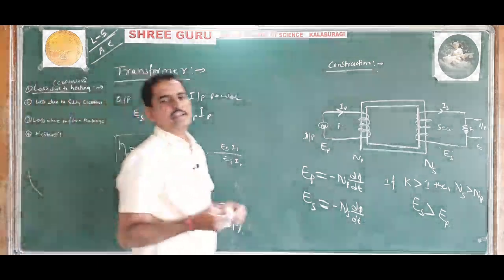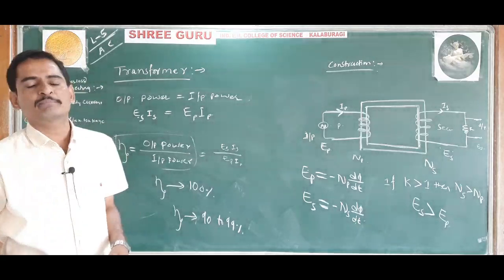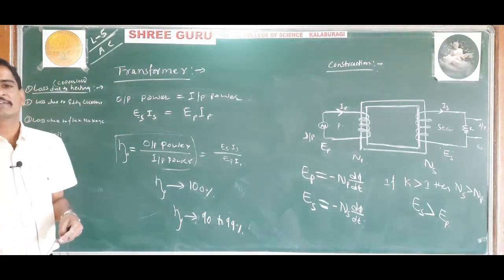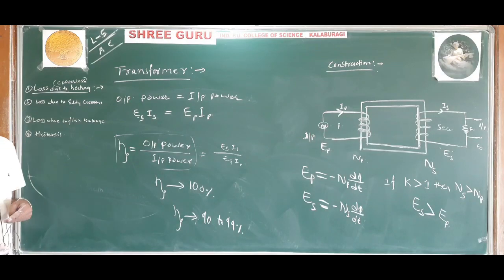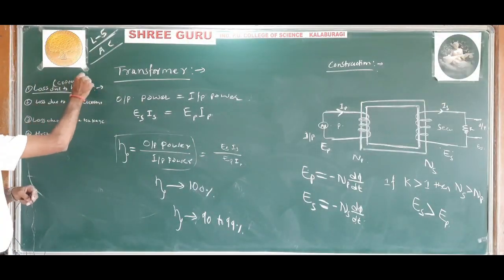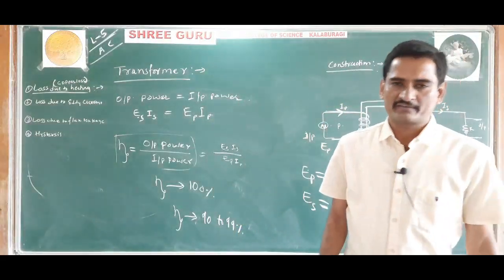The primary and secondary coils are made up of copper wires, and these copper wires will have resistance. As a result, heat is produced. So there will be a copper loss, and this can be minimized by using thick wires.